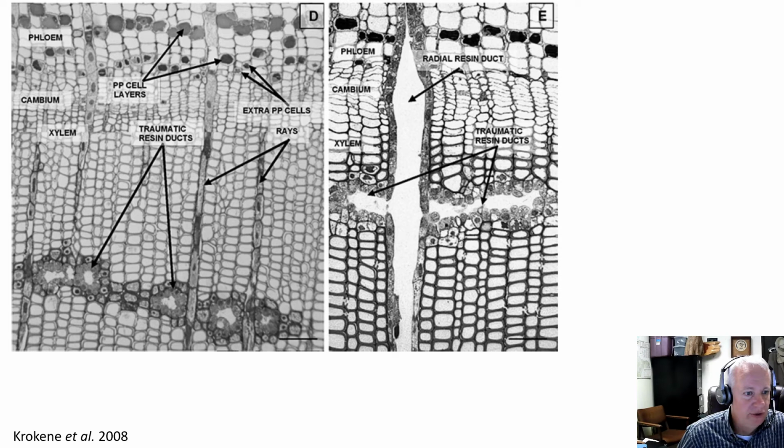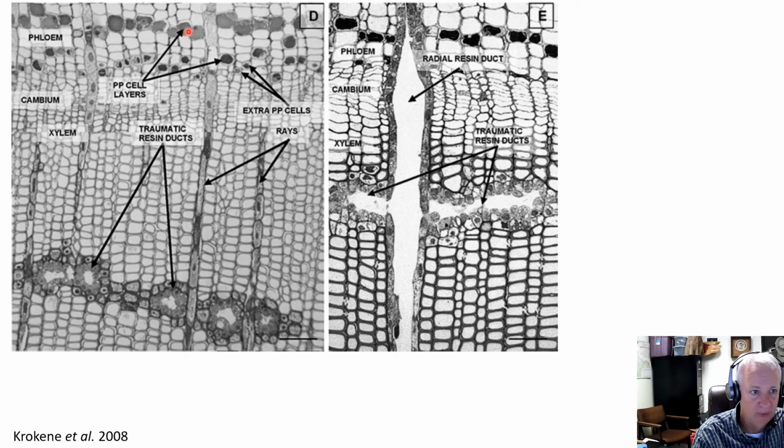Here's just another view in cross-section of conifer xylem and phloem. This is conifer xylem here. This is the vascular cambium, and this is phloem. So we can see these polyphenolic parenchyma cells really swollen up and essentially forming a complete barrier in the phloem.